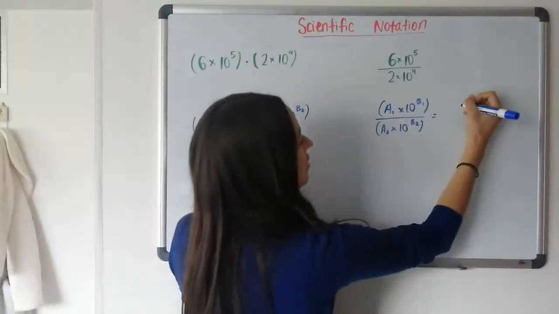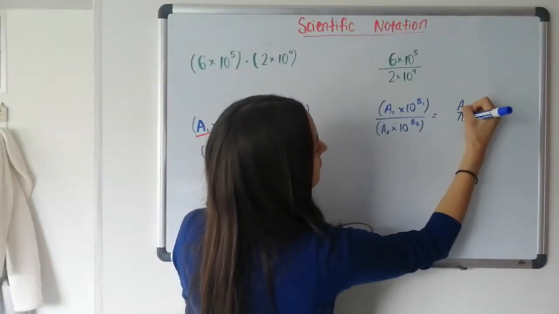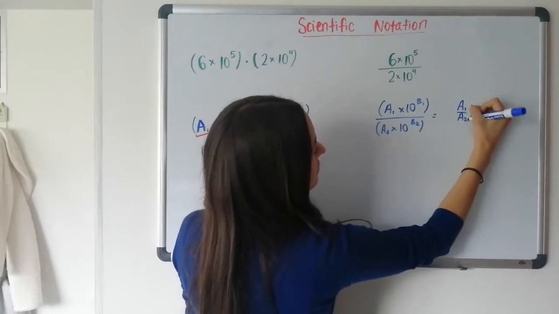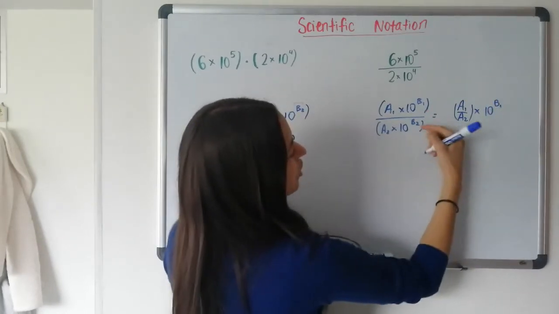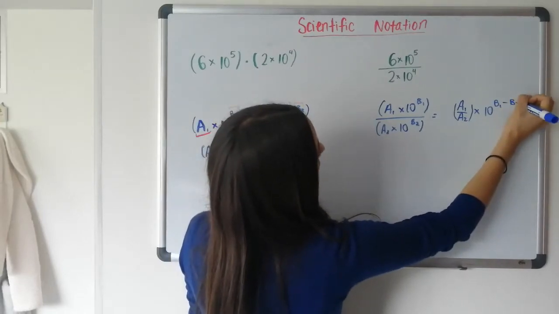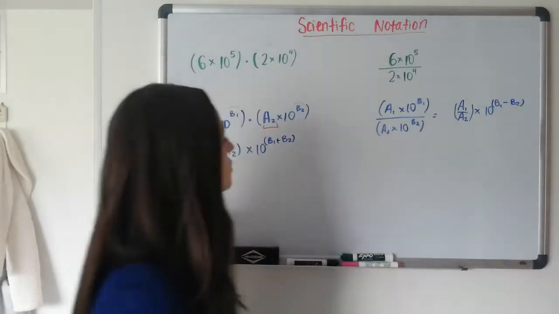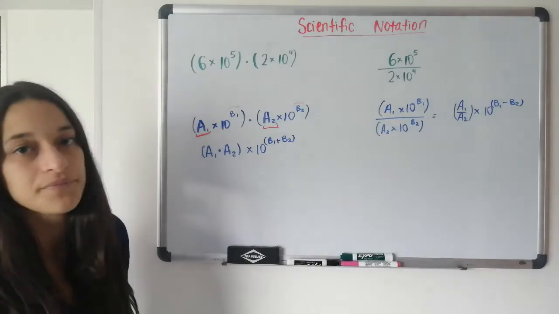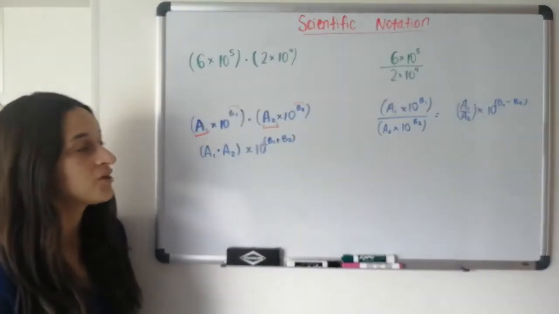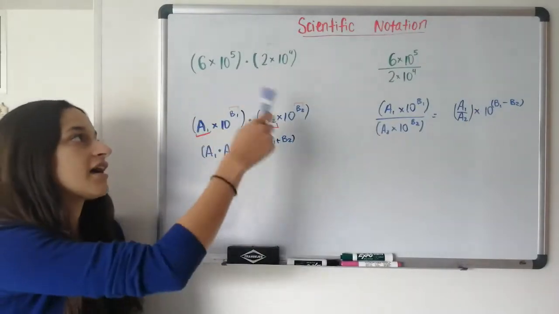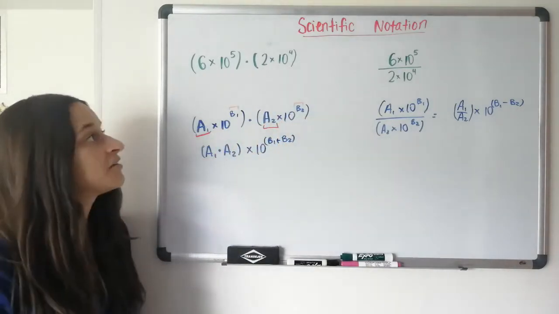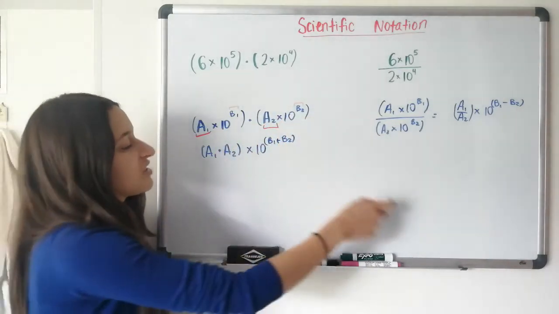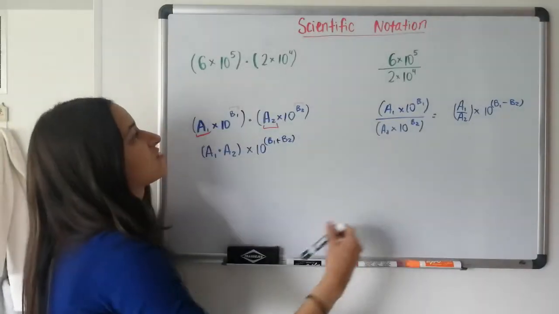So we would get A1 over A2, and then times 10 to the B1, and then we subtract B2 because we're dividing. So maybe these formulas help you out, maybe they don't, but in general you just need to remember that you add the exponents when you multiply and you subtract the exponents when you divide.